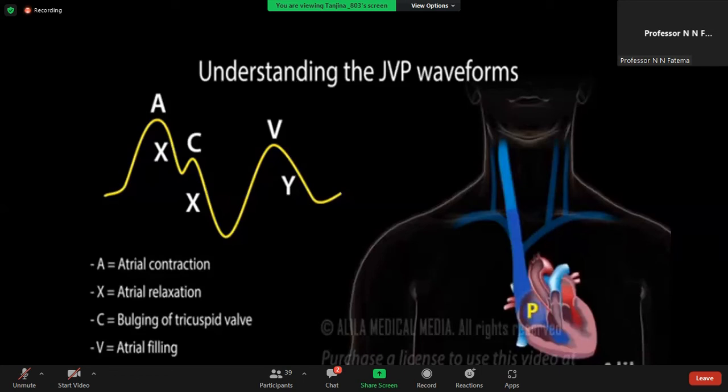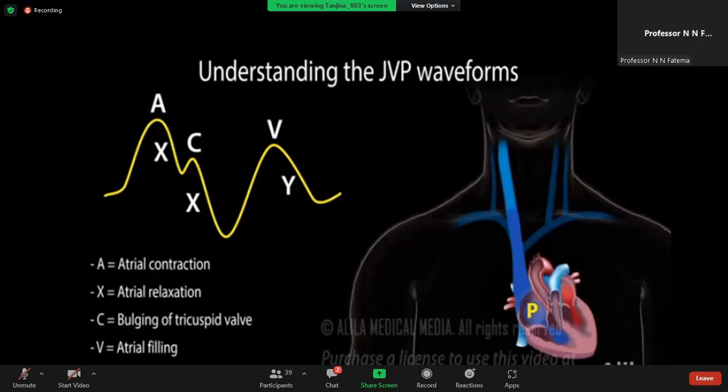You know that the jugular vein is very close to the carotid artery. So during atrial diastole, the carotid artery is doing its systole. The carotid systole is transmitted to the venous side as they are very close. So there is a transmitted positive wave.